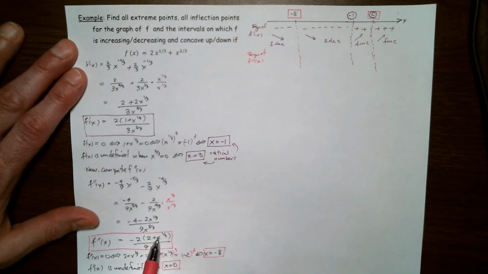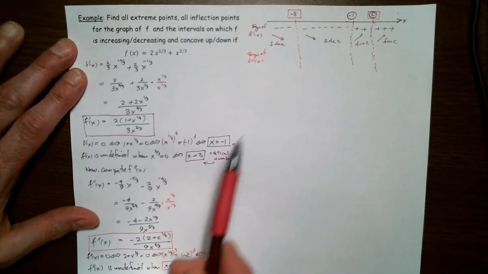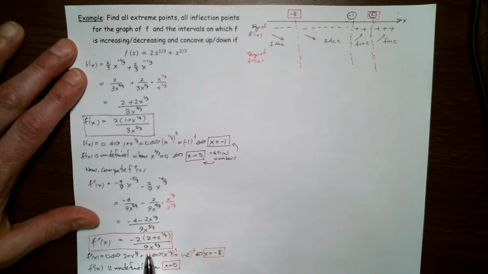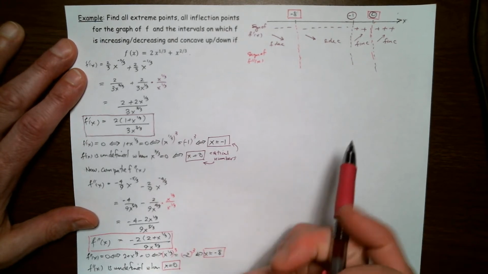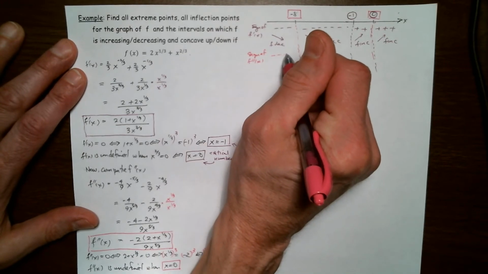So that's going to make this factor in the numerator negative. So we get a negative times a negative, so the total numerator is positive, but any negative number to the 5/3 power will be negative. So therefore, when x is less than minus 8, we have a positive divided by a negative. So the quotient is negative.